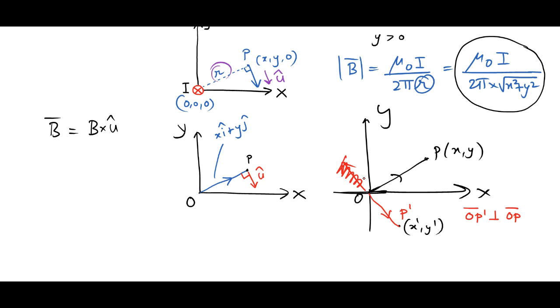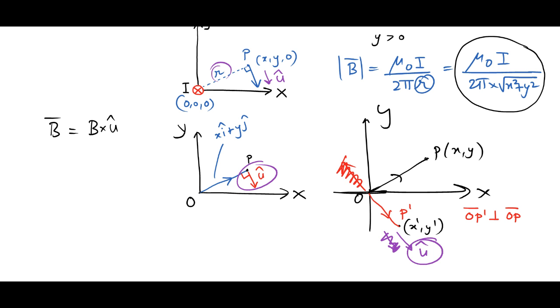Now once I find this vector OP dash, it's a very simple procedure after that to get the unit vector in the direction of OP dash, and this unit vector is nothing but the unit vector which I've drawn in the previous figure. It has the same magnitude and the same direction.